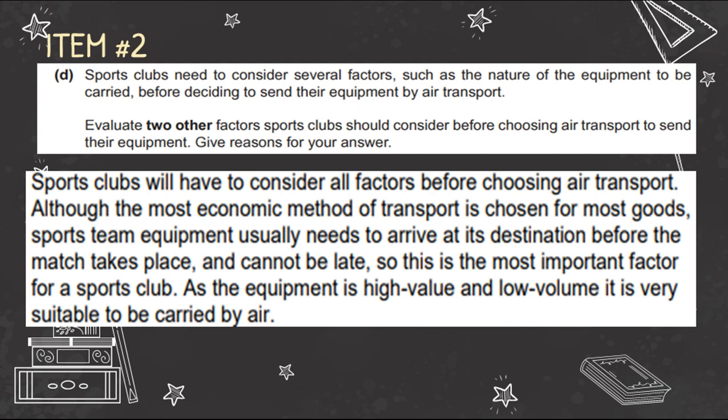So evaluate, you need to explain and further explain the two other factors sports clubs should consider before choosing air transport. So before choosing air transport, what are the factors to send their equipment? Give reasons for your answer.